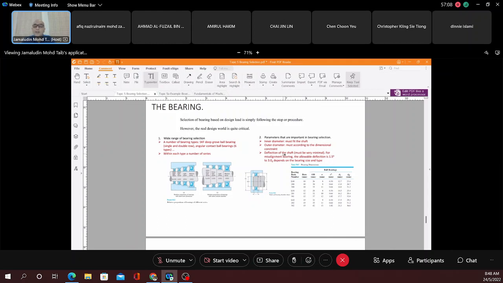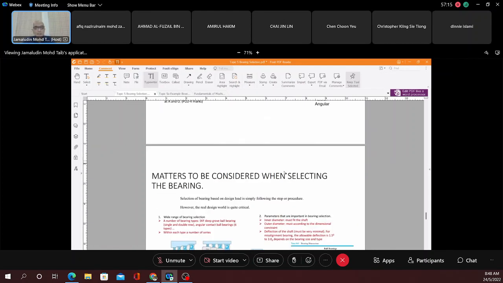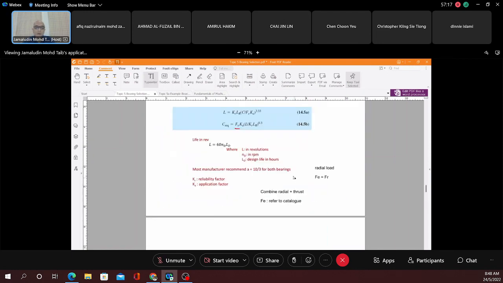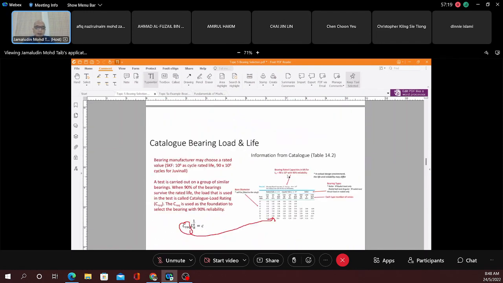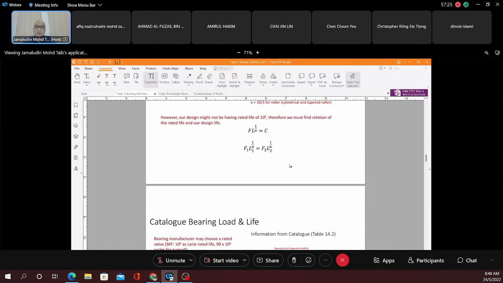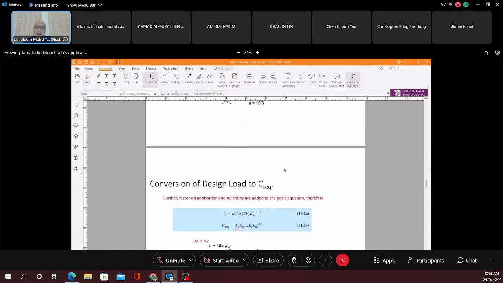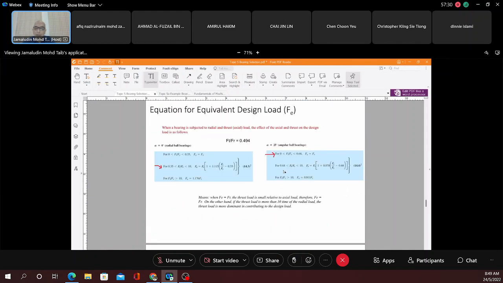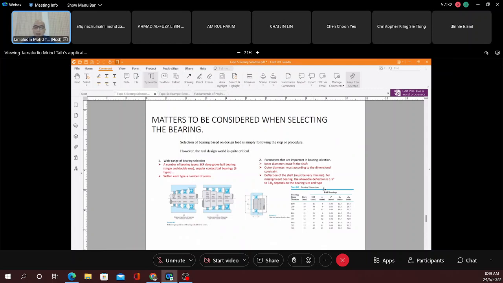Deflection of the shaft must be very, very minimal. For example, a misalignment bearing, what is a misalignment bearing? The bearing where the ball moves. That means when the inner ring deflects, the ball will move. A bearing designed for misalignment only allows 1.5 to 3 degrees, if I am not mistaken.